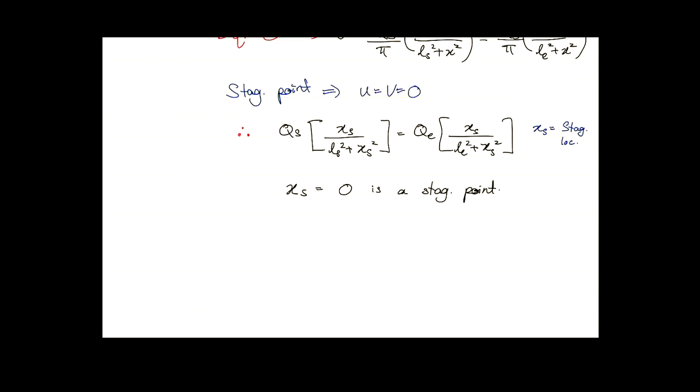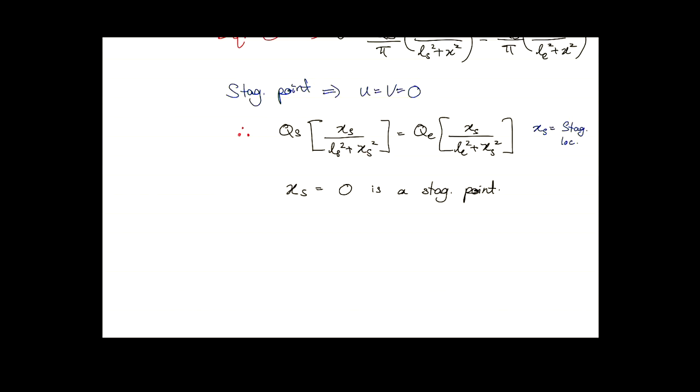But it's not the only stagnation point. The other stagnation point is found when I rearrange this equation a bit. I take this to the other side, and I rearrange this so that it comes on top.